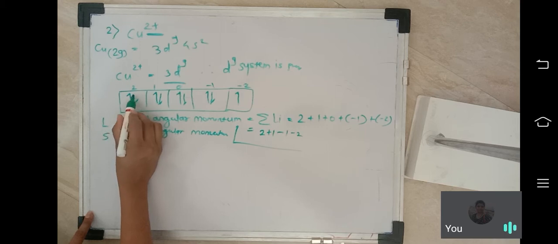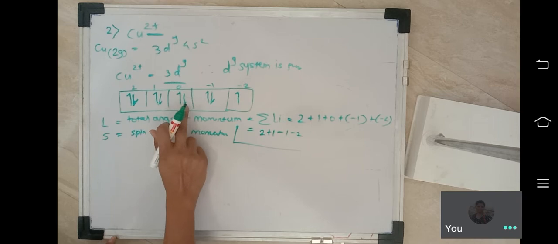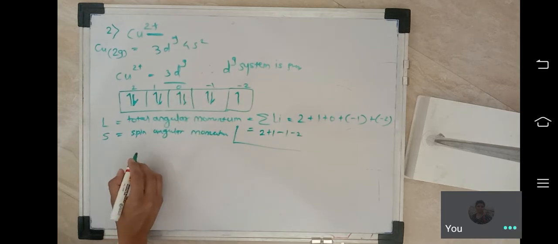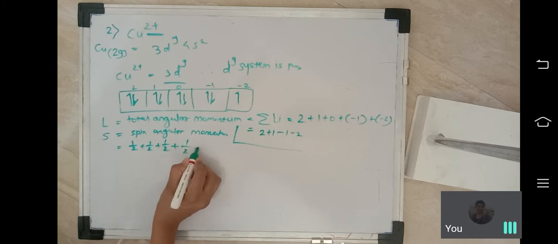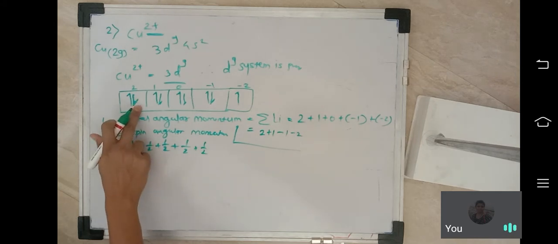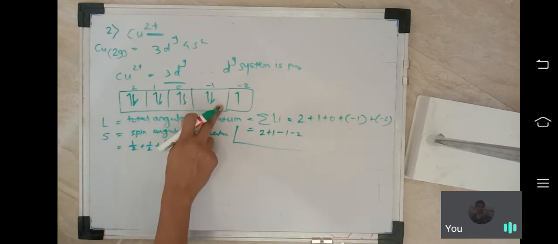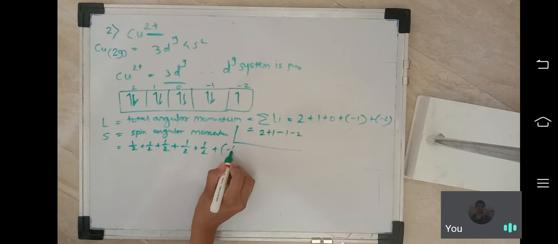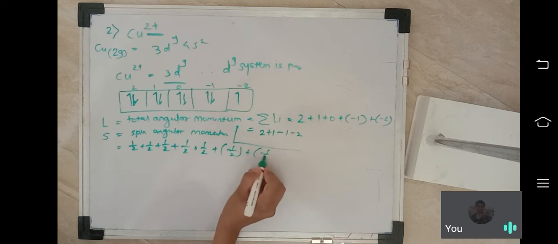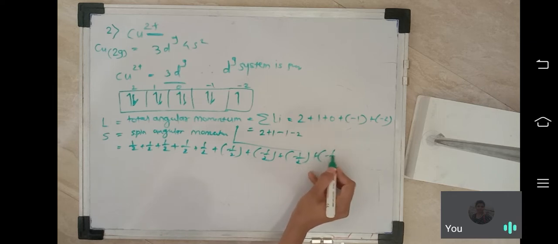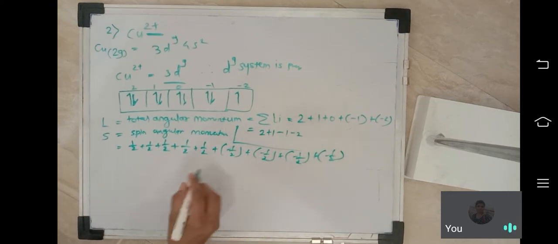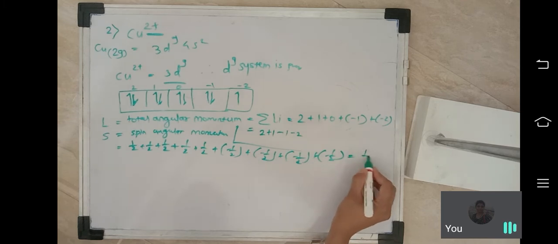But the inward spins, which are 1, 2, 3, 4, carry minus half each. So again plus minus half, four times, and the addition is half.